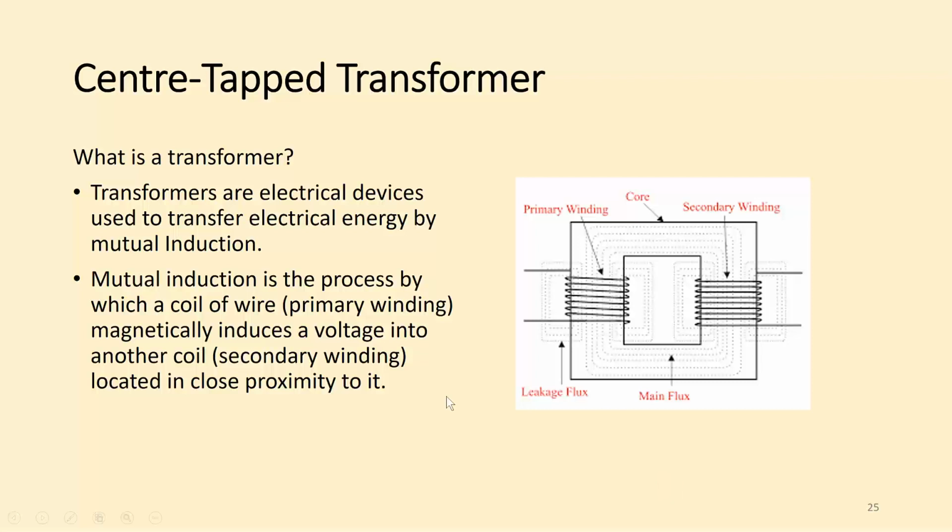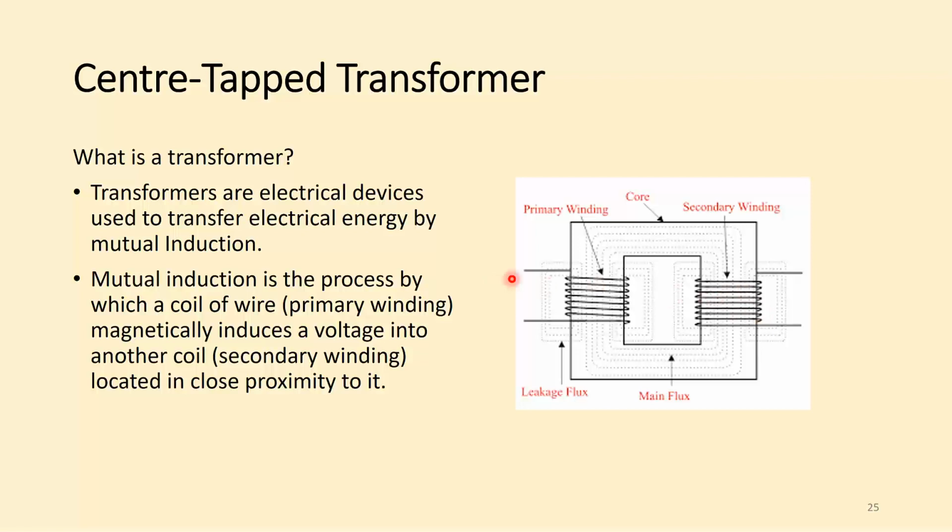So what is a transformer? Transformers are electrical devices used to transfer electrical energy by mutual induction, where you have a V in here, and by mutual induction you have V out here. Mutual induction is the process by which a coil of wire, the primary winding, magnetically induces a voltage into another coil, which is the secondary winding here.